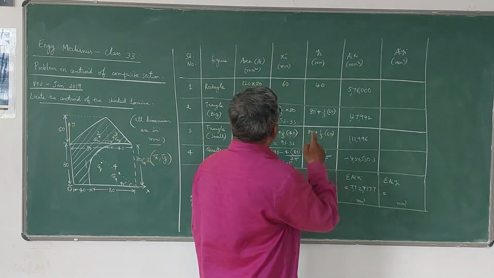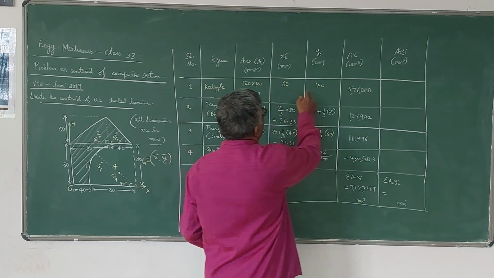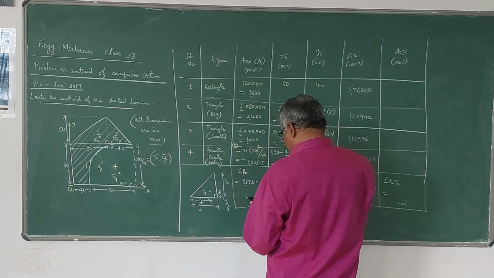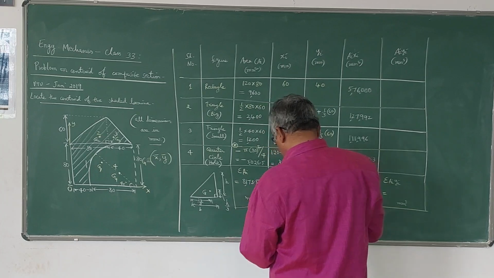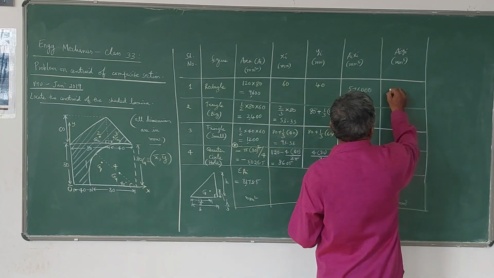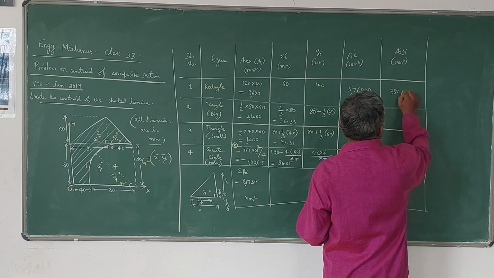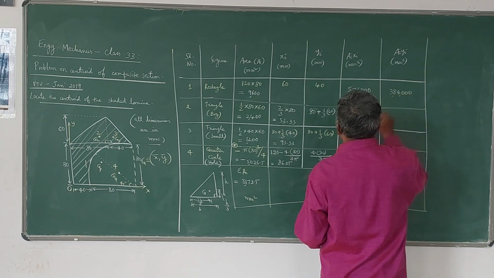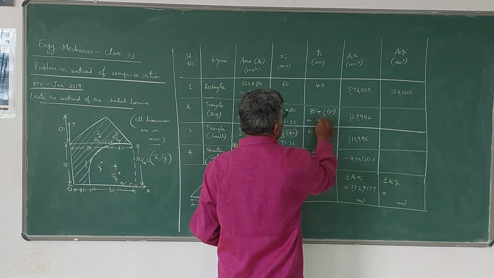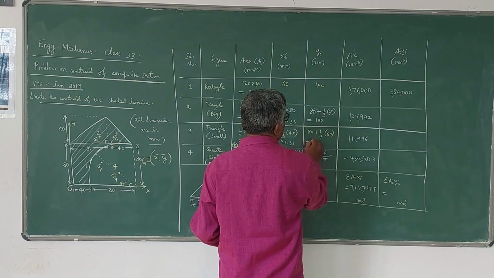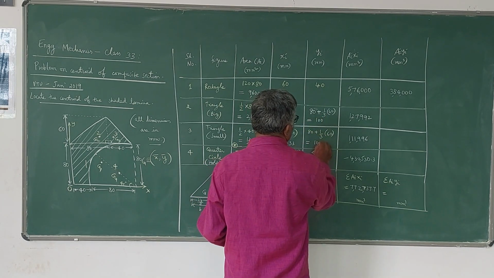Now coming to the last column, you have to multiply this area by YI value. So 9600 multiplied by 40, so it is 384,000. Then here this is 80 plus 20, 100. This is 80 plus this is also 100.